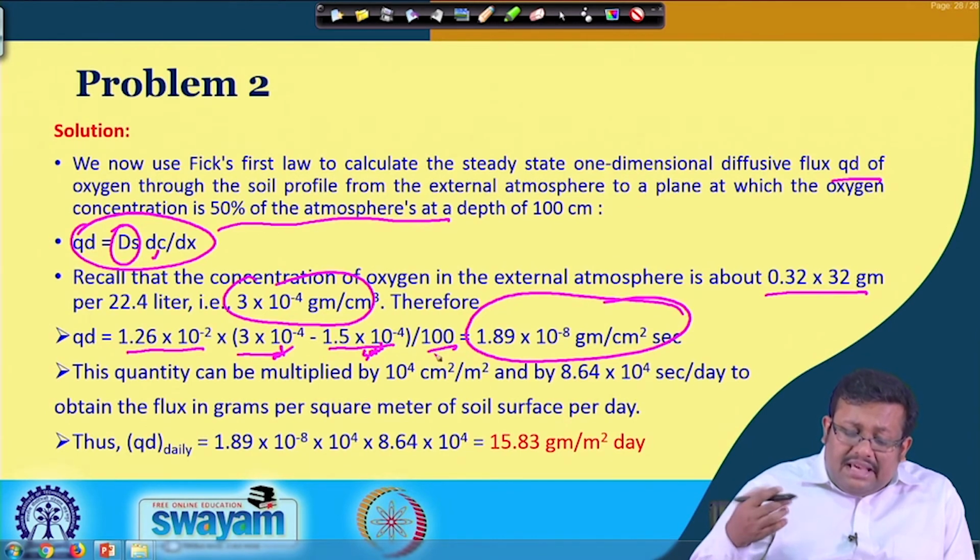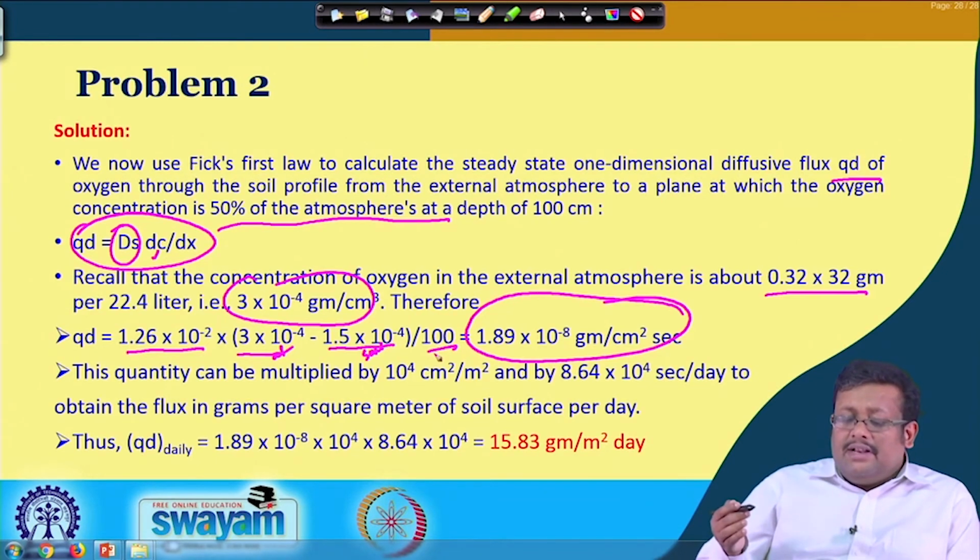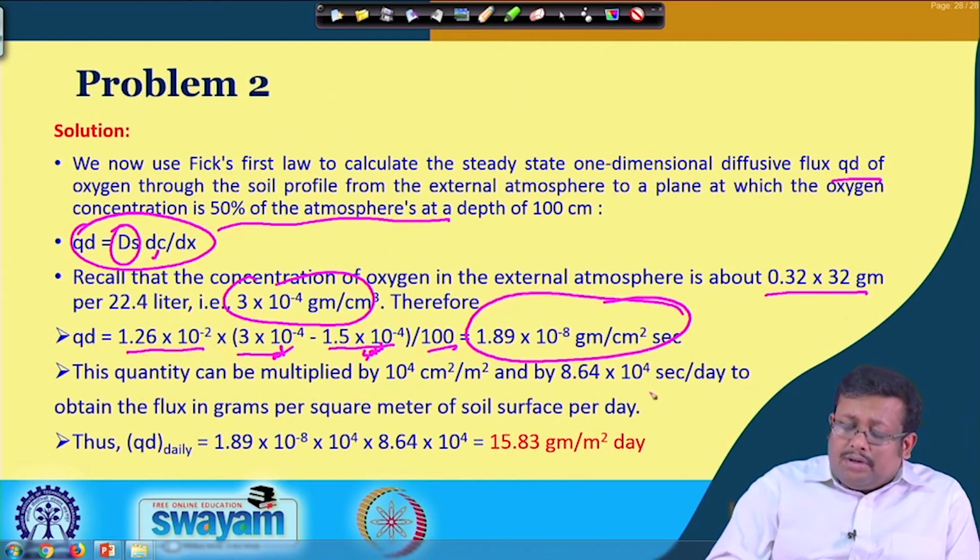This quantity can be multiplied by 10 to the power 4 square centimeter per meter square and by 8.64 multiplied by 10 to the power 4 second per day to obtain the flux in gram per square meter of soil surface per day, because in one day there will be 8.64 multiplied by 10 to the power 4 seconds.